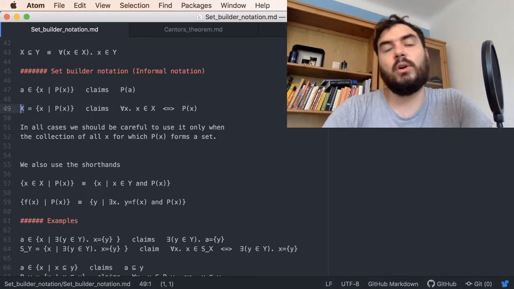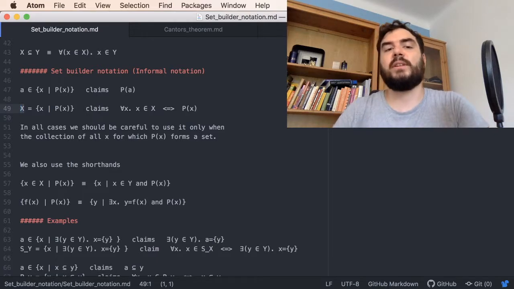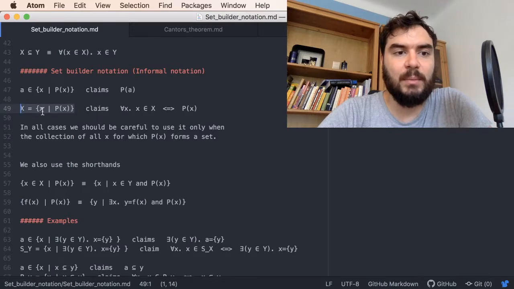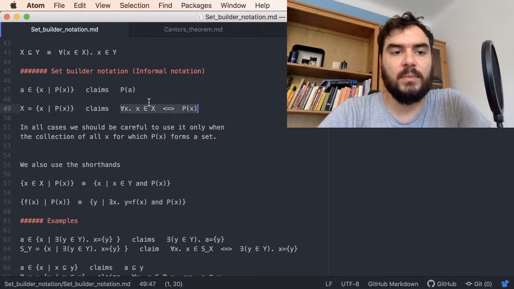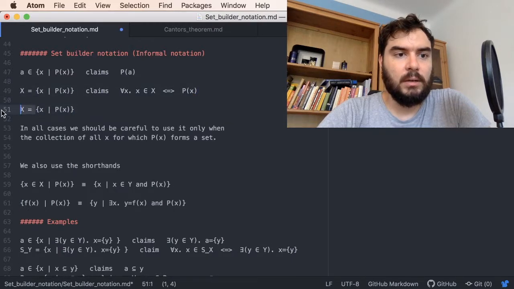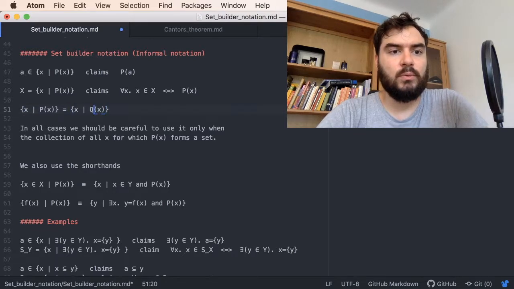So some symbol already being defined to represent another set. Then to claim this is to claim that the elements from this X all fulfill this property, right? You can see how this applies. And I didn't write it down, but if you have something like that, if you have to claim that two sets are equal, two predicates, right? What does this claim?